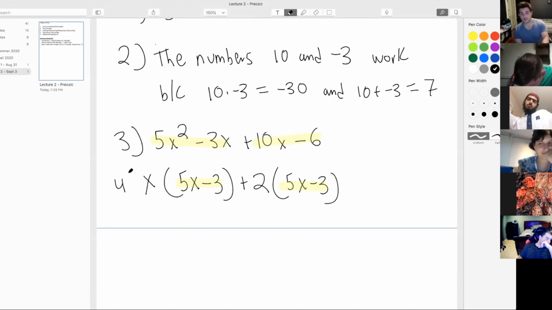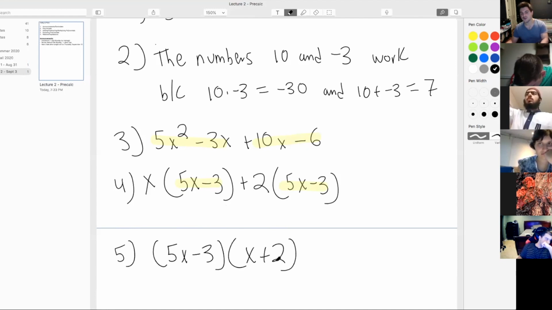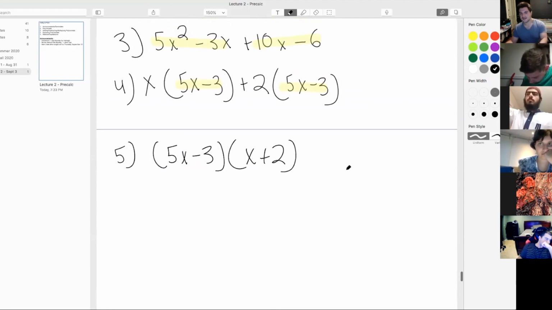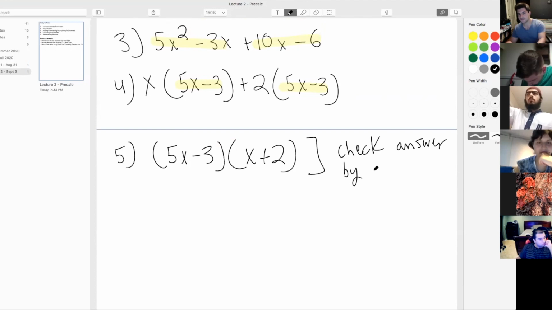Good, so that was step 4. And the final step is to factor out a 5x minus 3 from both terms. So 5x minus 3 multiplied by x plus 2. Okay, that's the answer, and I leave it to you guys to check the answer by multiplying this out.